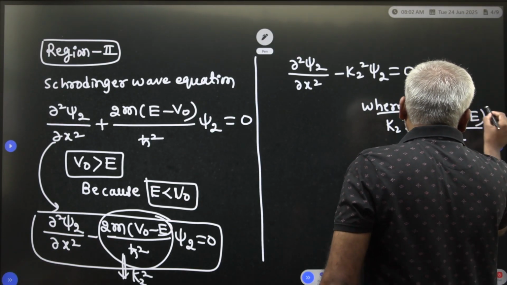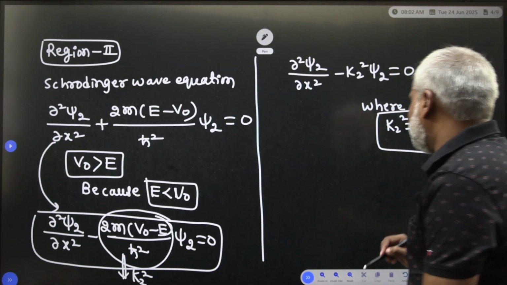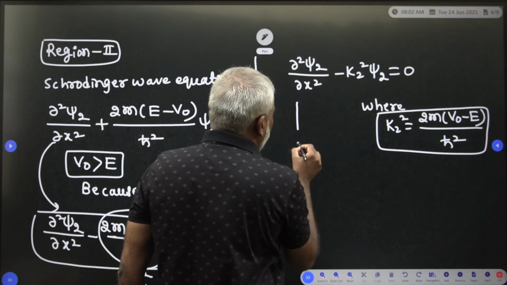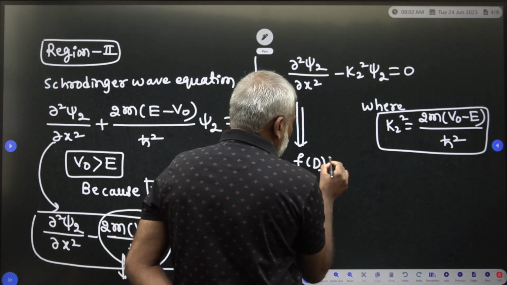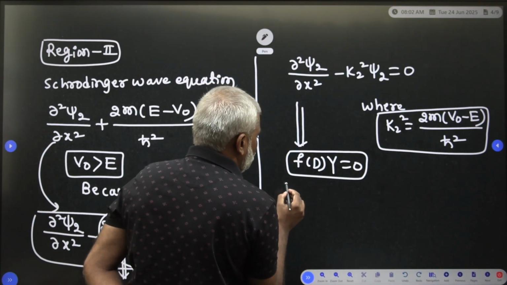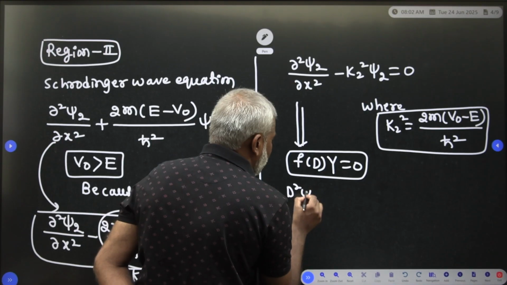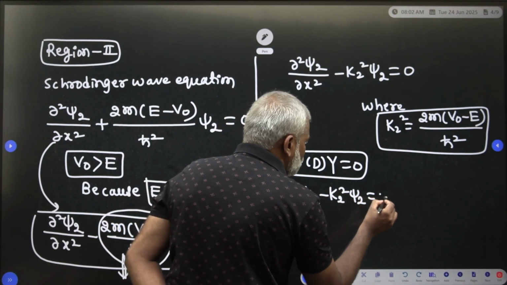Now you write it in terms of f of D into psi equal to 0, a homogeneous differential equation. So D square psi 2 minus k2 square psi 2 is equal to 0.